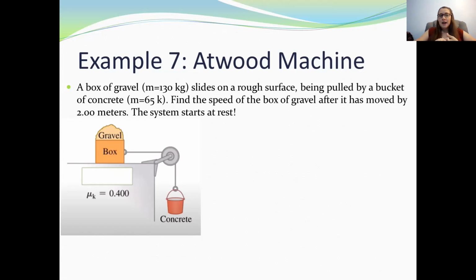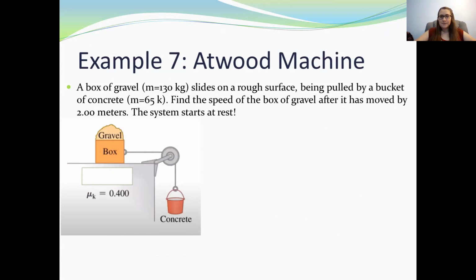Here we go. A box of gravel with a mass of 130 kilograms slides on a rough surface. Ooh, friction. Being pulled by a bucket of concrete, mass of 65 kilograms. Find the speed of the box of gravel after it has moved 2 meters. The system starts at rest.